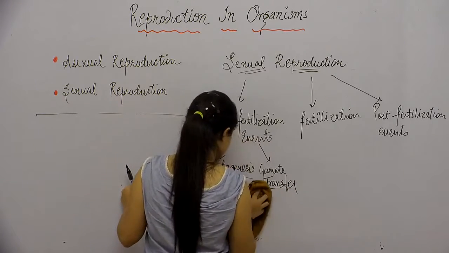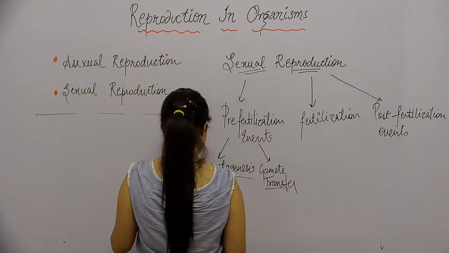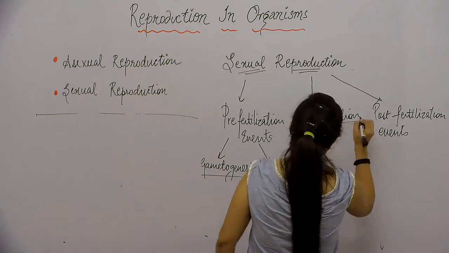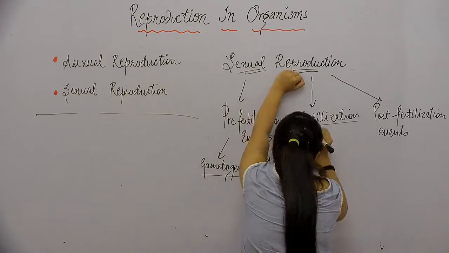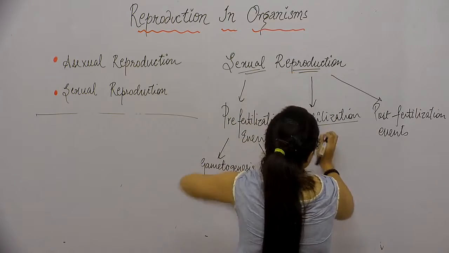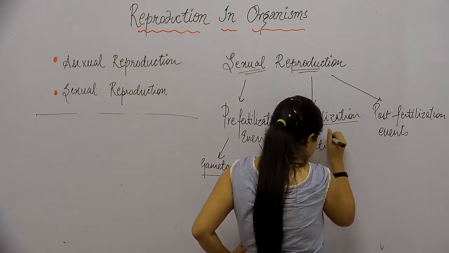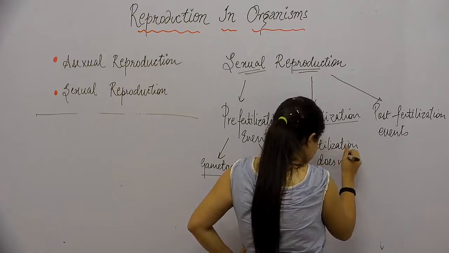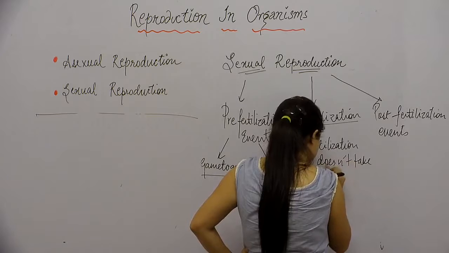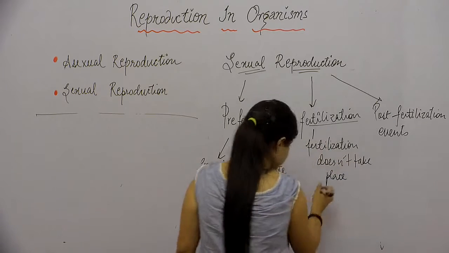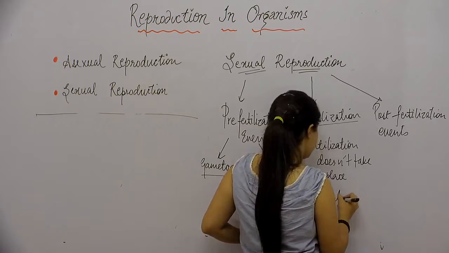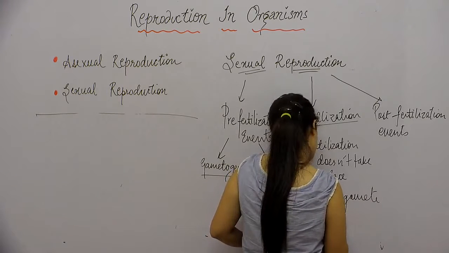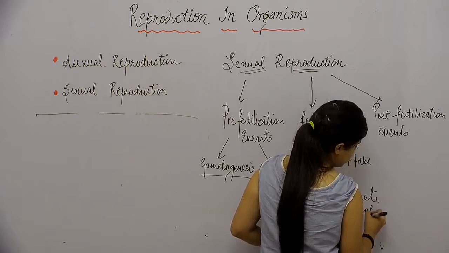Now we come to the main event of the sexual reproduction, which is known as fertilization. Okay, so before I tell you what is fertilization, let me tell you there are few organisms in which fertilization doesn't take place at all, and the female gamete itself develops into a new organism.